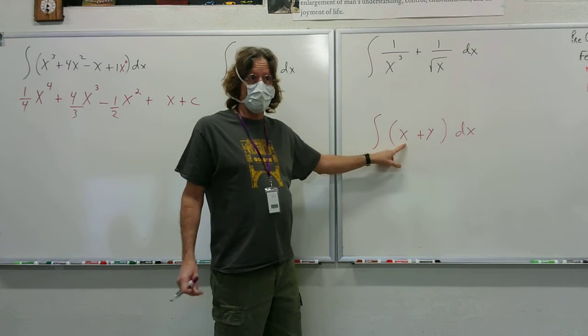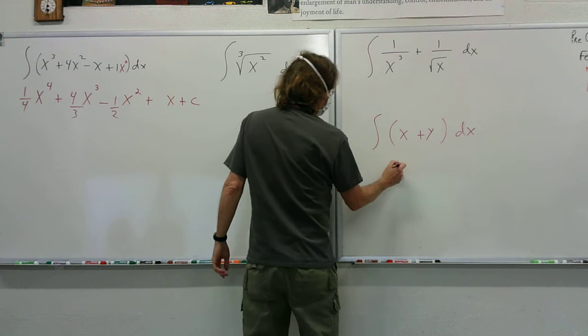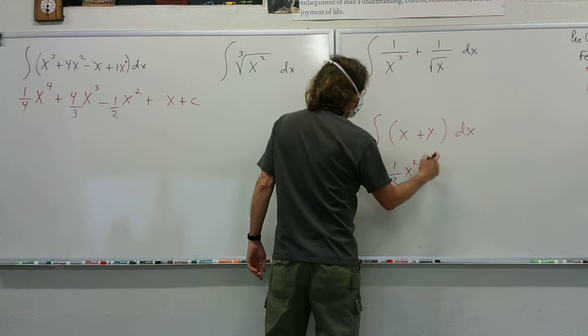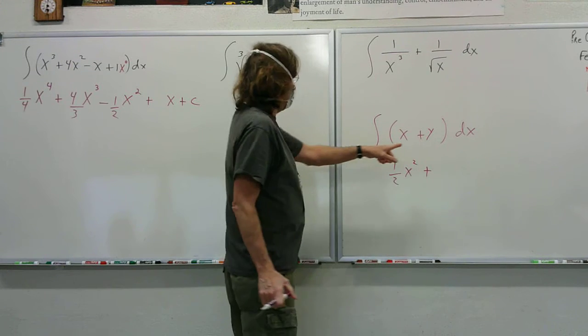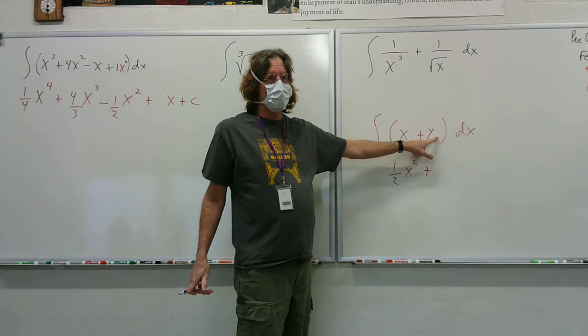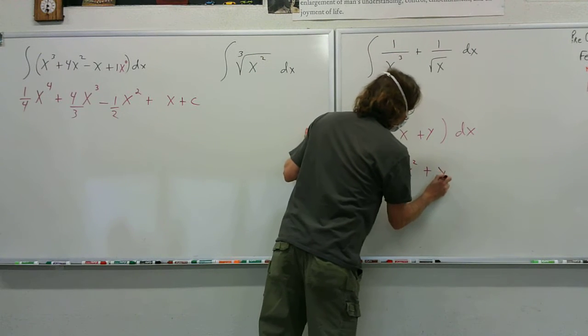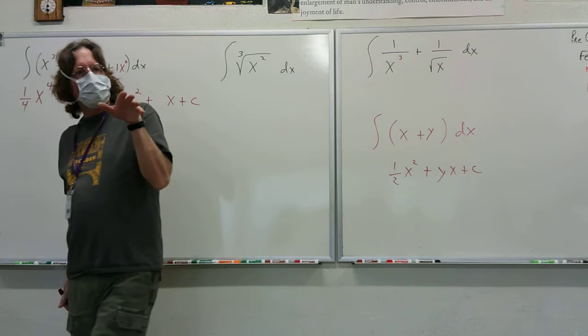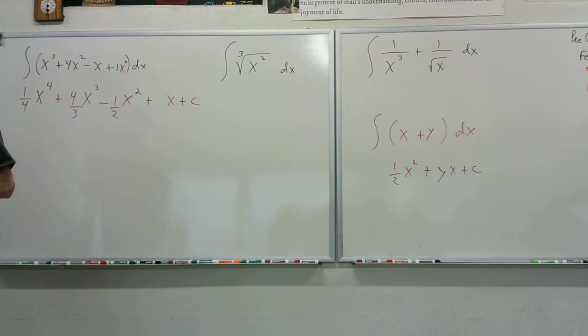All right? So if you were to integrate this, you would get 1/2 x squared plus, now if you had a 5 or a 6 here, and you were integrating, you get 5x, right? So you're going to get yx plus c. You treat the y as a what? Constant.